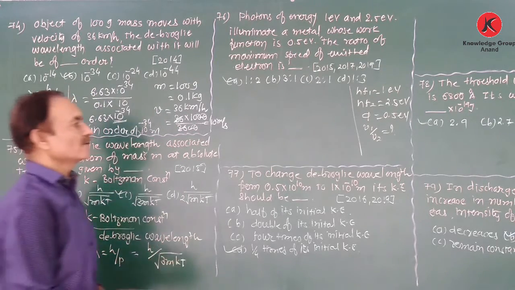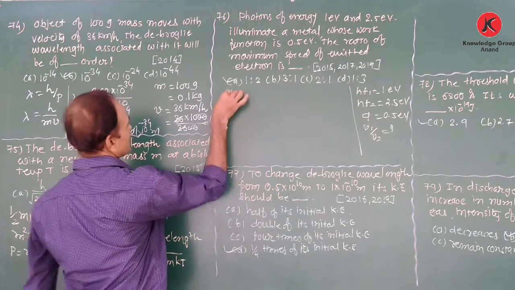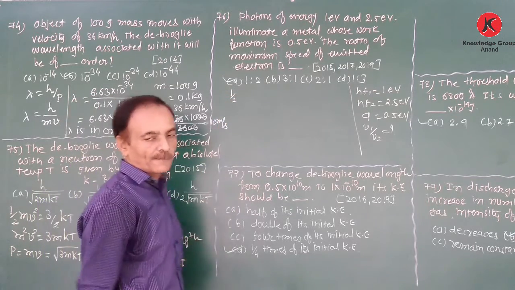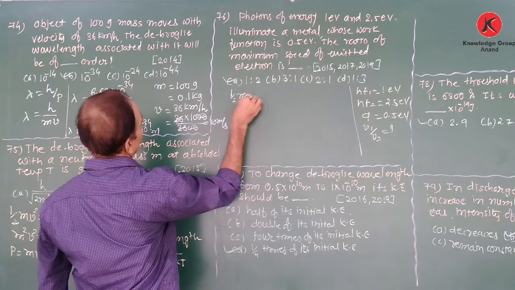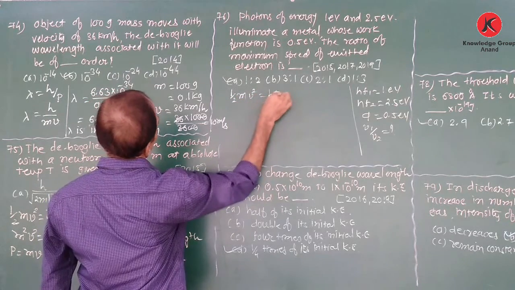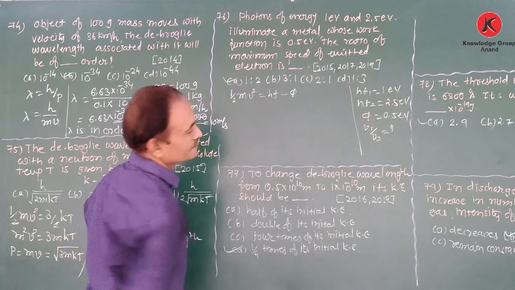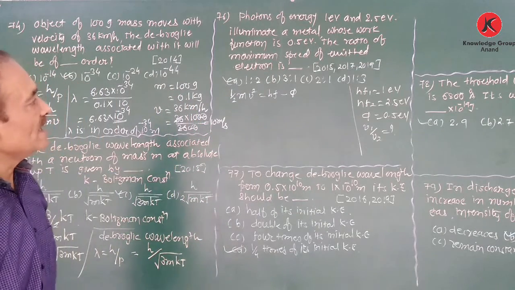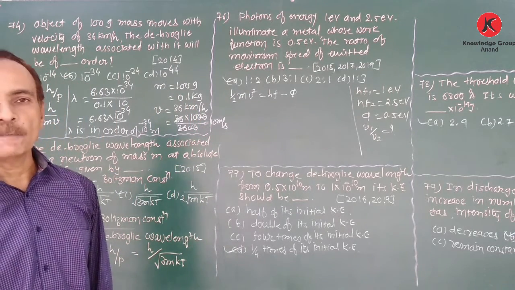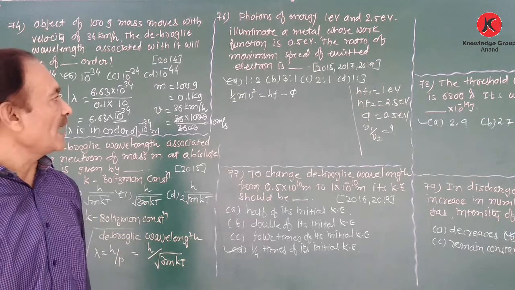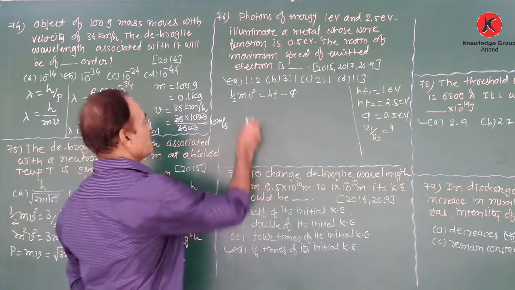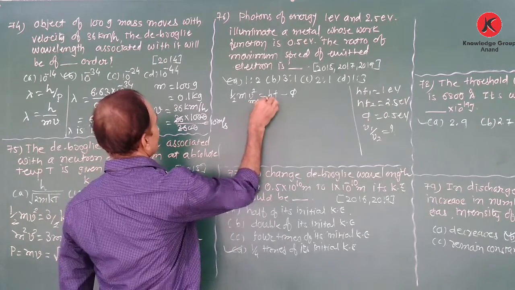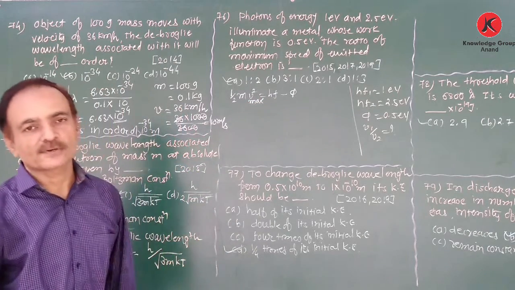That means we have to find out v1 upon v2. Right? Therefore, for the maximum kinetic energy, we know Einstein's photoelectric equation: half m v square is equal to hf minus phi. hf is the energy of incident radiation, phi is the work function, and half m v square maximum is the maximum kinetic energy of emitted photoelectrons.